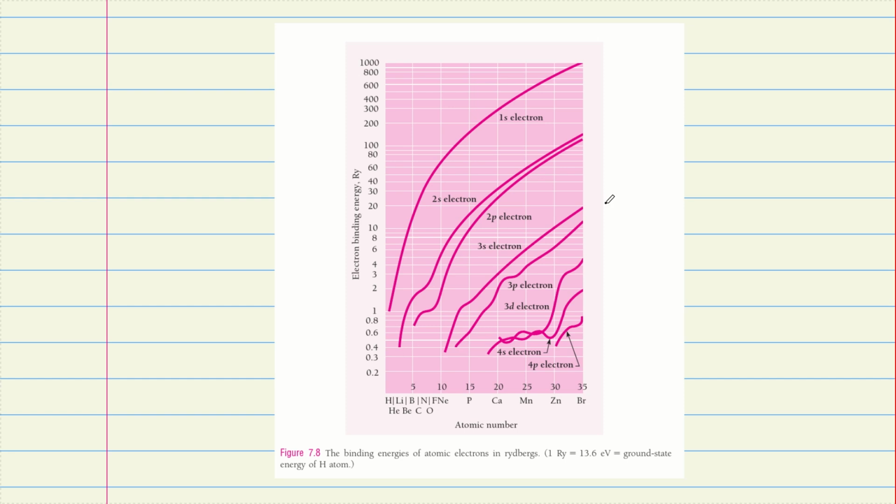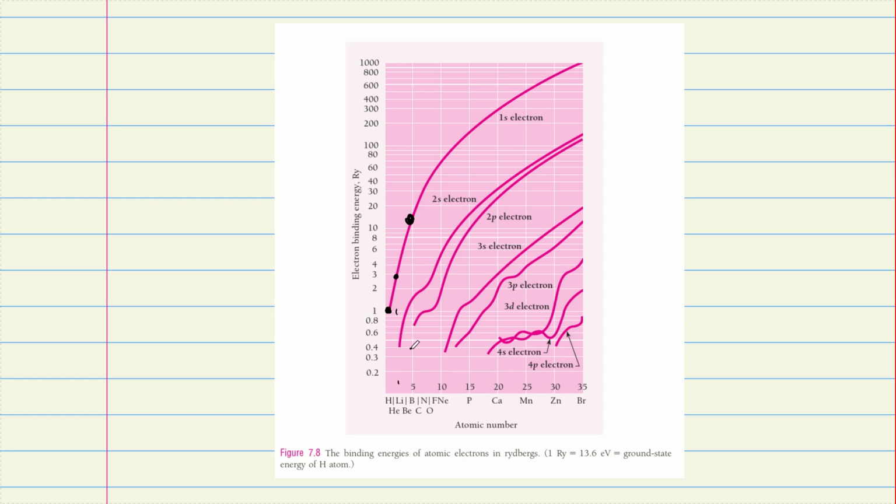So what it is saying is, for example, this is 1s electrons, and I can go and break any electron from any atom, right? This is the state of experiments at the moment. For example, people can break a 1s electron from a hydrogen atom, or from a lithium atom, or from a beryllium atom.